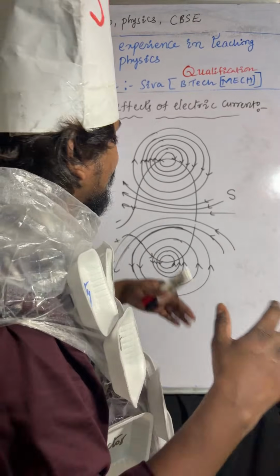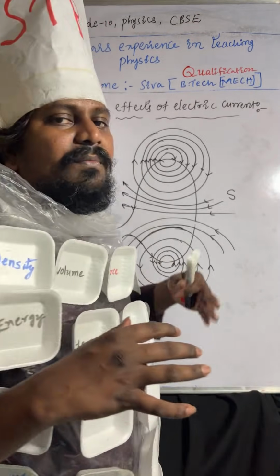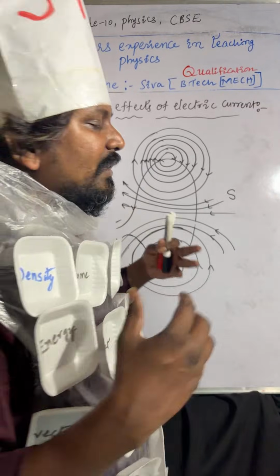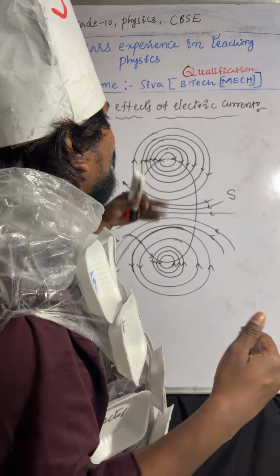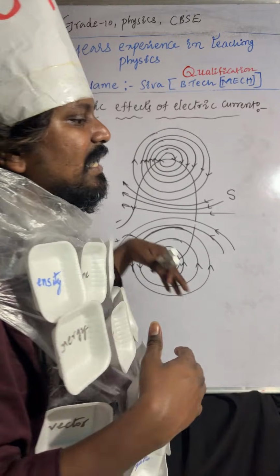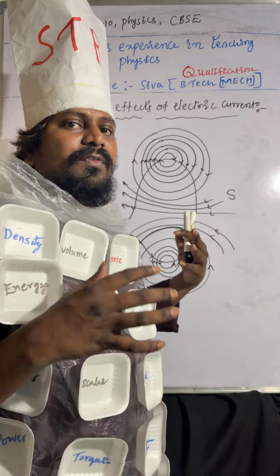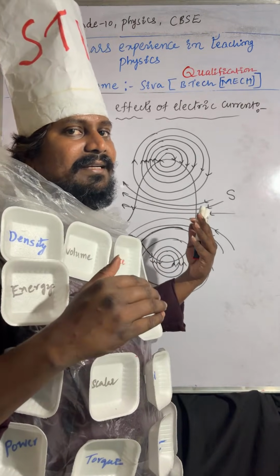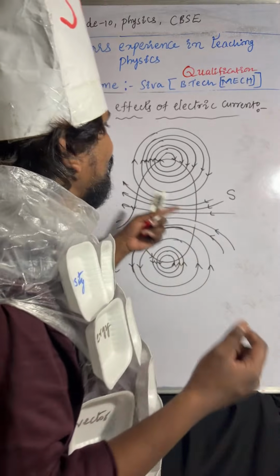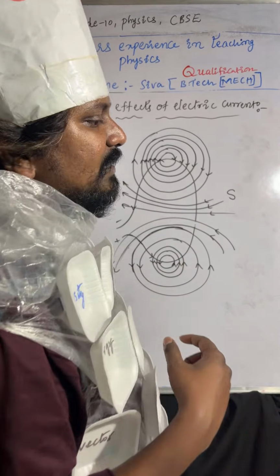Then what happens? At the center, a uniform magnetic field will be created that is stronger than the magnetic field produced at the circumference. I hope it is very clear, right?